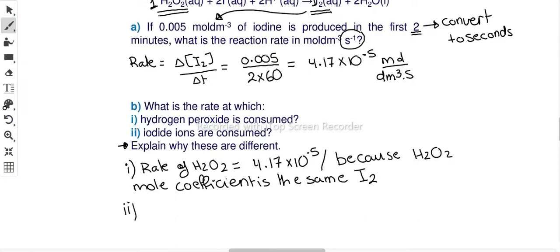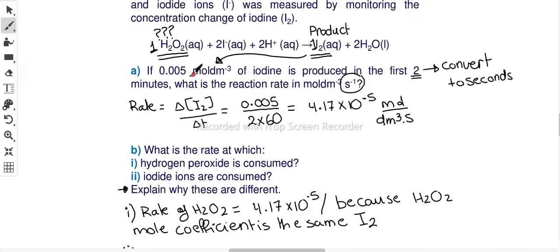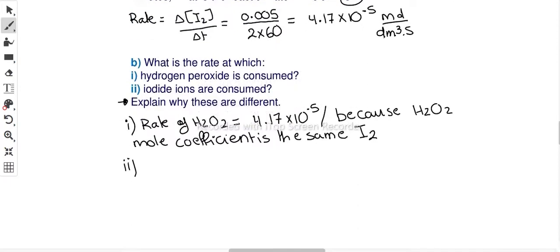In part iii, it's asking me about the rate with respect to iodide ion. Where is my iodide ion now? So now my iodide ion is I negative. Going back to the question, we're going now to compare the coefficients. So this is my iodide ion, and I'm comparing it another time with the iodine. So you can find that the mole ratio is 2 to 1.